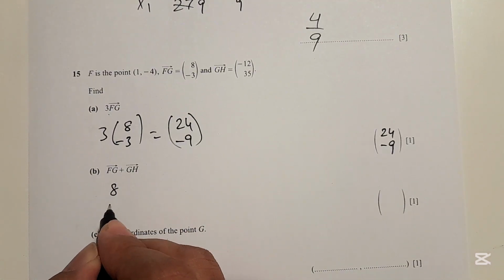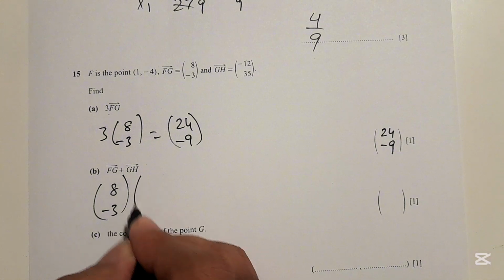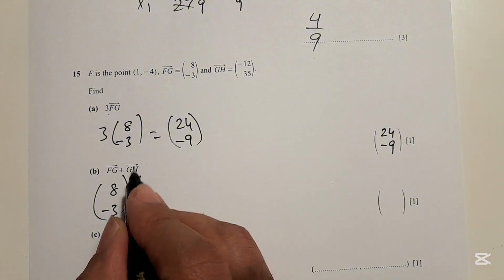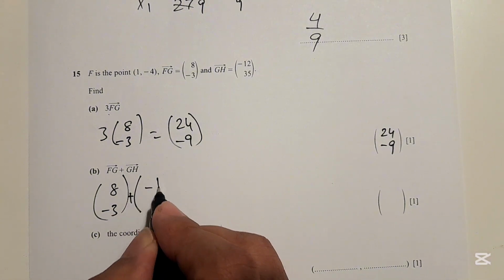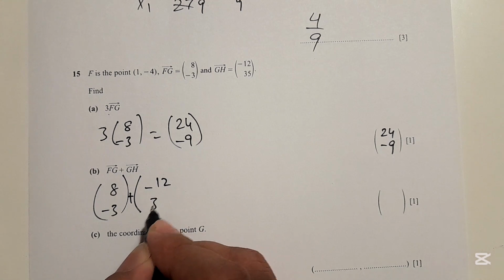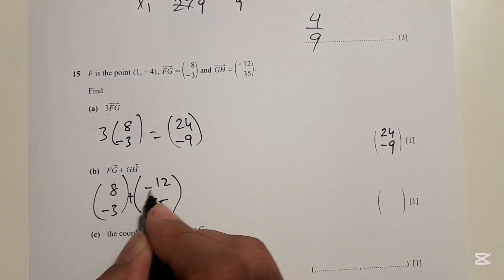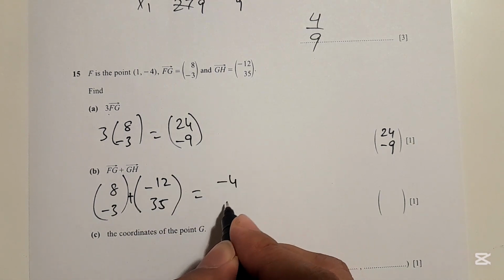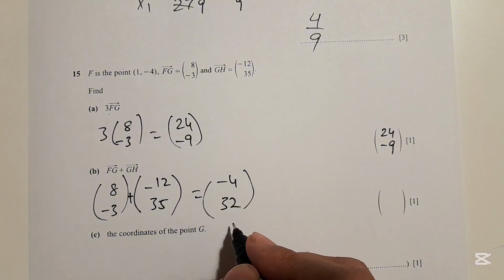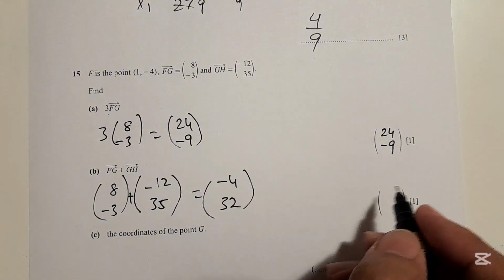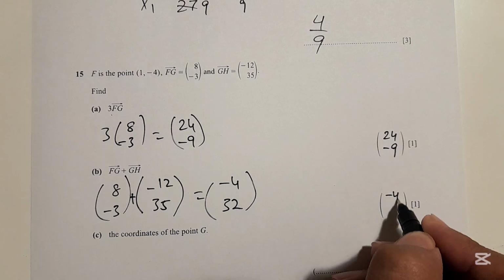FG is 8 and -3, and GH is -12 and 35. So 8 minus 12 is -4 and -3 plus 35 is 32. So (-4, 32) will be the final answer for part B.